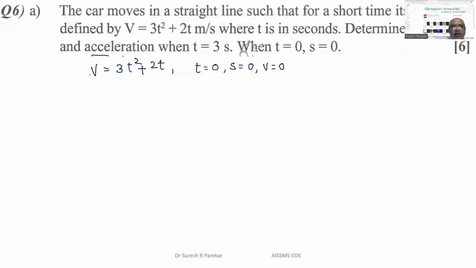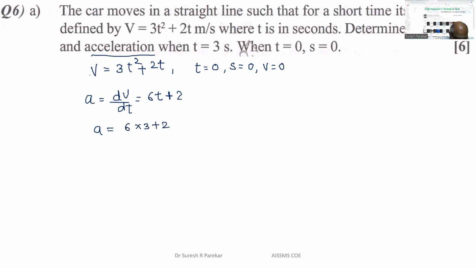First we will go to acceleration. We know a equal to dv by dt, the rate of change of velocity. So 6t plus 2. When we take the derivative, no constant will be there. From this I get a equal to 6 into 3 plus 2.